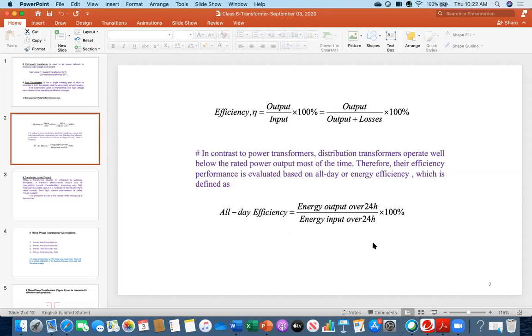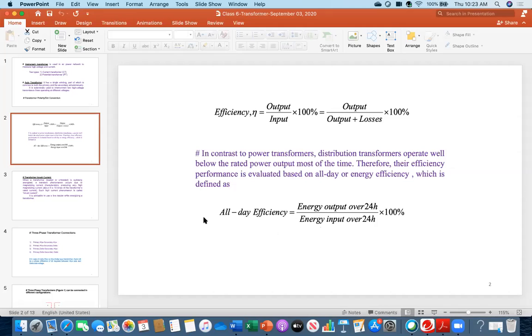If you see some examples or solved problems in the book that we are following, or in any power system book, you might face one or two problems about the all day efficiency. So just keep in mind, it is in terms of the energy, not in terms of the output power.